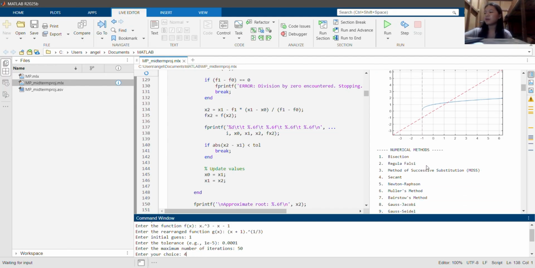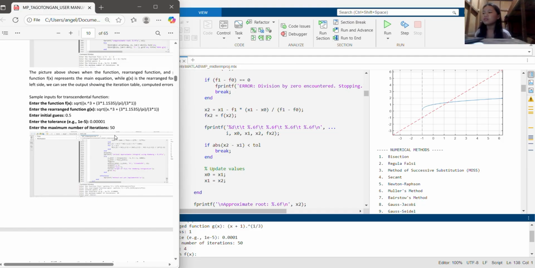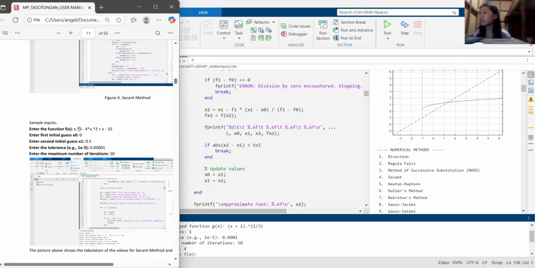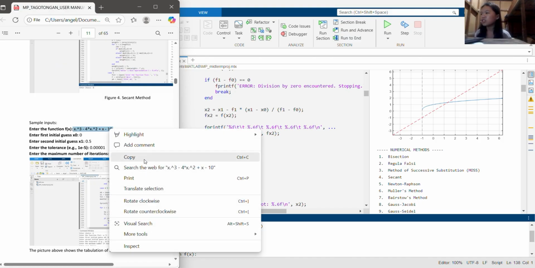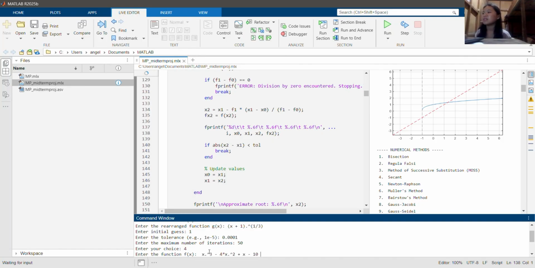Next is the second method, which is number 4 in our choices. Again, we're going to enter our function, which can be seen in our user manual.